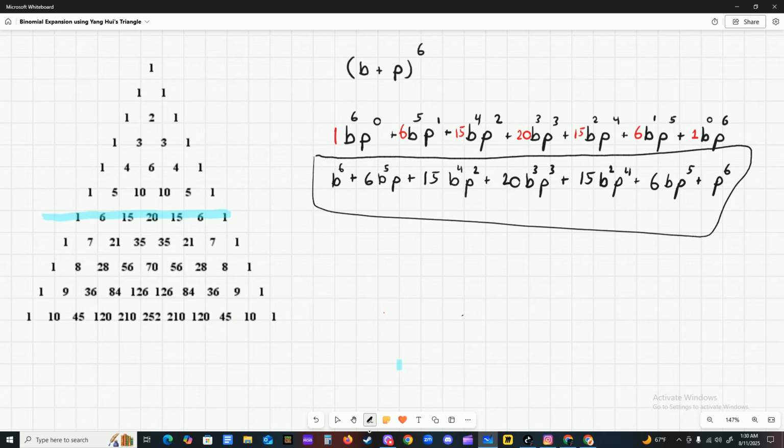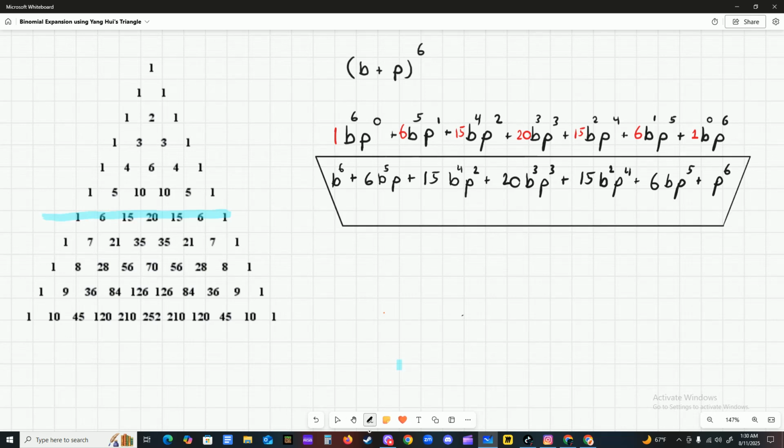Pretty cool, huh? Now, just as a little exercise, you can construct your own Pascal's triangle. Okay, and this is how you do it. Notice that the numbers add up to the one below it.